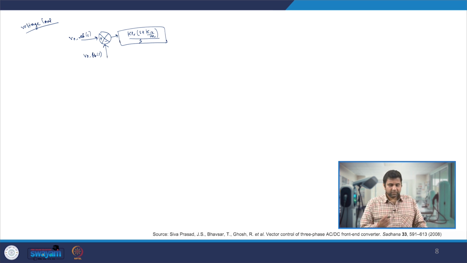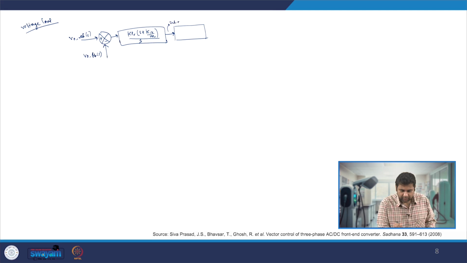This will go to ISD reference, and the overall transfer function is 1 by K1 to (2 T sigma s + 1), which finally gives me ISD.